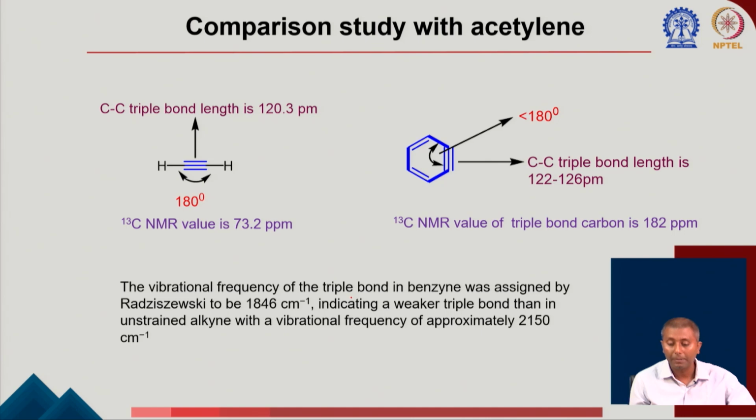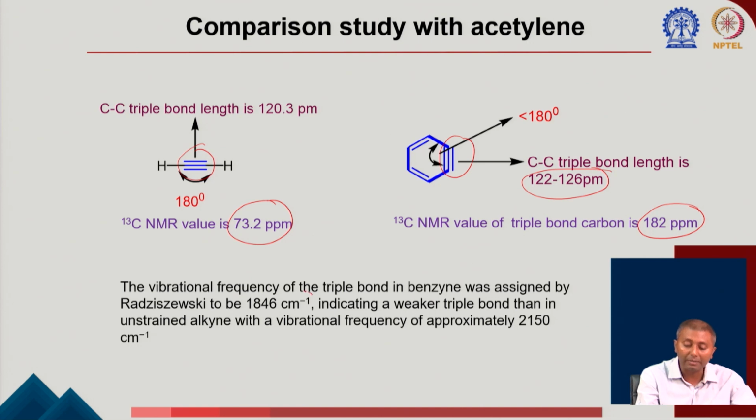Okay, if you think about an alkyne, the bond in arynes is weaker compared to the normal alkyne. You can see it has a longer bond length. And from the carbon NMR values also, it is even more deshielded.